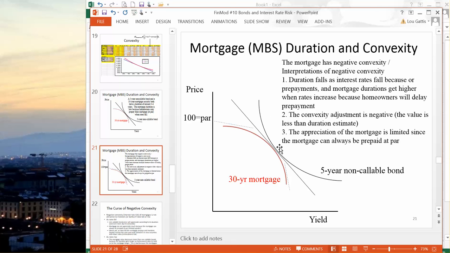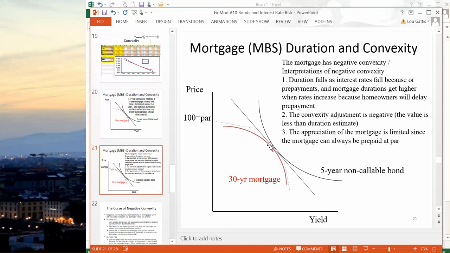So you would think they're convex, but it's not, because what happens as interest rates, say, go down 100 basis points, you would think the value of the bond is going to go up, but it's going to be limited, because even though the present value of cash flows would go up with a lower discount rate, it is more likely that the bond is going to be prepaid by the homeowner and sent back at par.